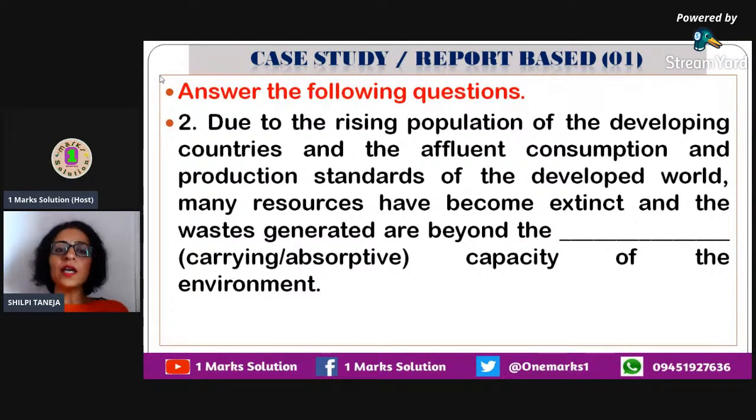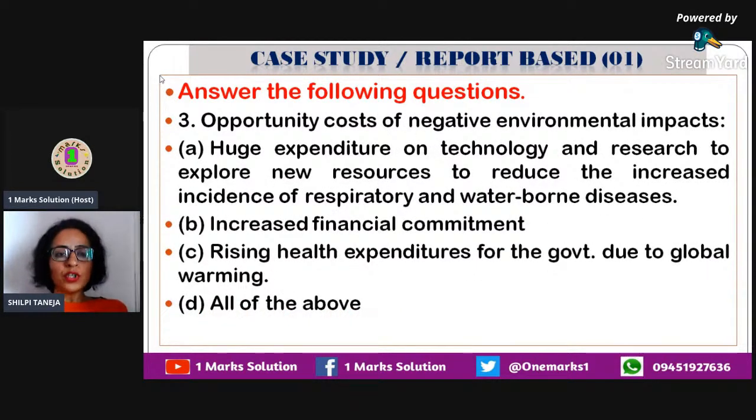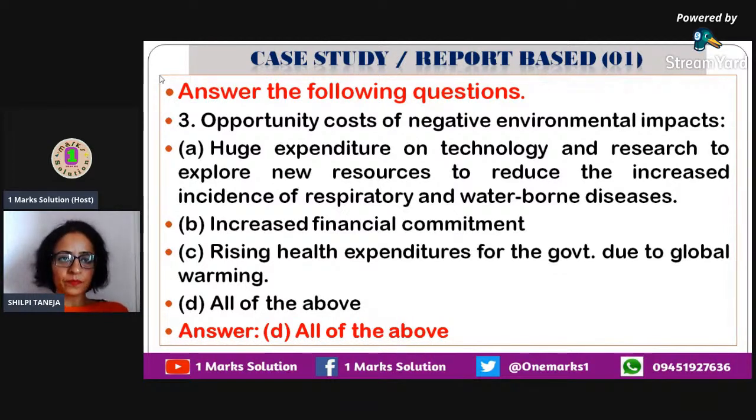Absorptive capacity of the environment. Right? Next question says, opportunity cost of negative environmental impacts. First part is huge expenditure on technology and research to explore new resources to reduce the increased incidence of respiratory and waterborne diseases. This is true.